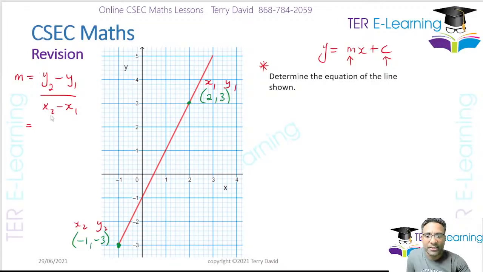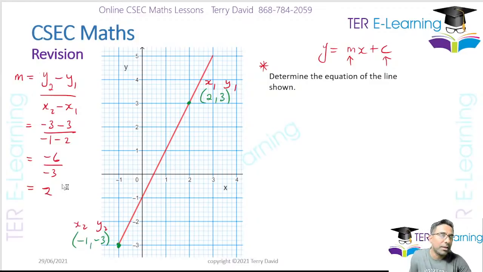So y2 minus y1 is -3 minus 3, divided by x2 minus x1, which is -1 minus 2. So -3 minus 3 gives me -6, divided by -1 minus 2, which gives me -3. -6 divided by -3 is equal to 2. When you divide two negative numbers, you get a positive number, right? So my gradient is equal to 2 here.